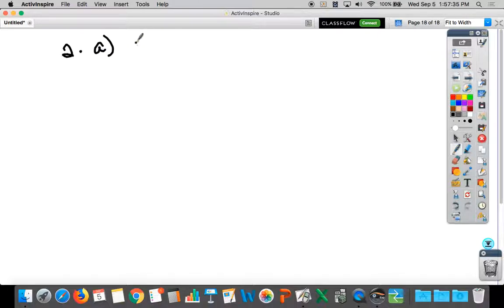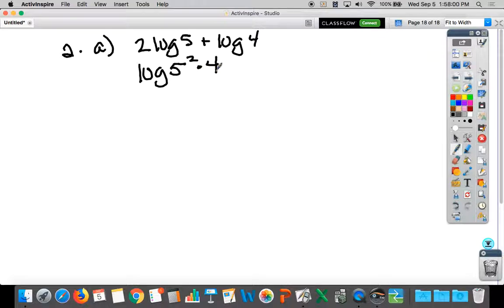So 2a is 2 log 5 plus log 4. So you could stick this in the calculator if I was just asking you to solve it, but I want you to write it as a single log first. So this becomes log 5 squared. What does the plus tell you I do now? Times 4. What's 5 squared? Times 4.